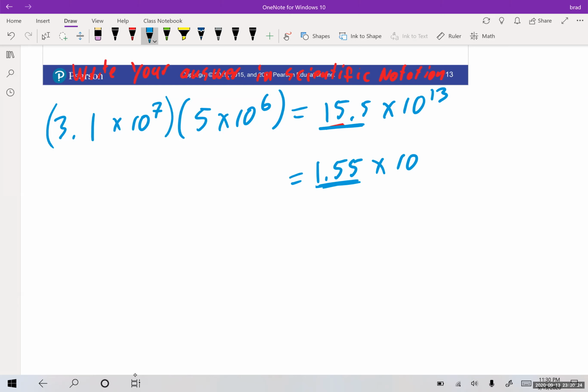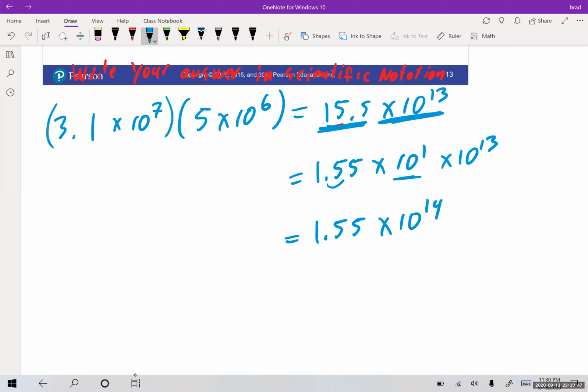So I'm going to write this as 10 to the 1, right? Because if I multiply 1.55 times 10 to the 1, I will move the decimal right there, and that would become 15.5, just like above. But I still have this times 10 to the 13th, so I just attach that as well. So this becomes 1.55 times 10 to the 14th.